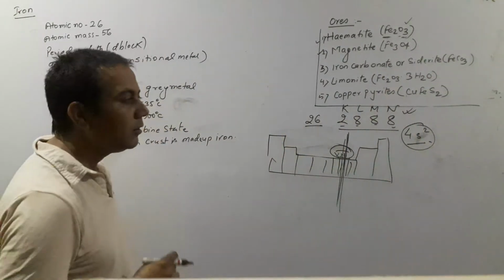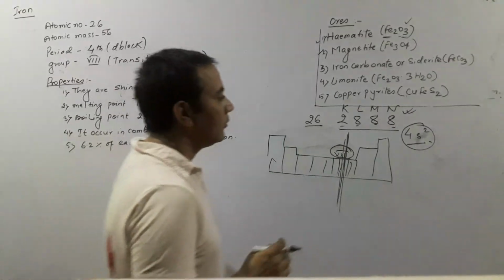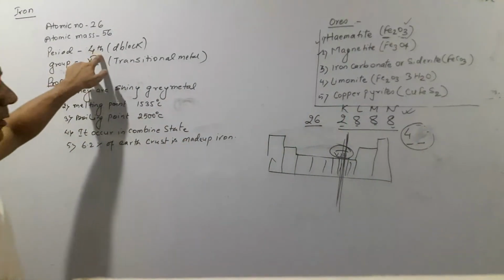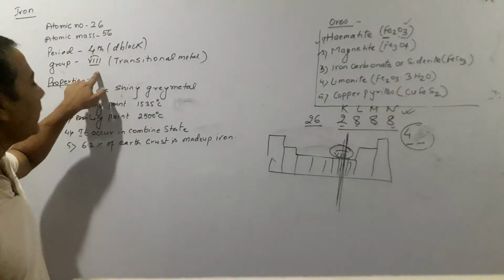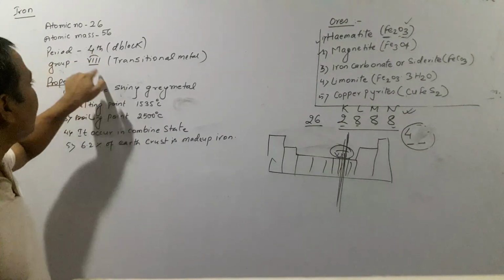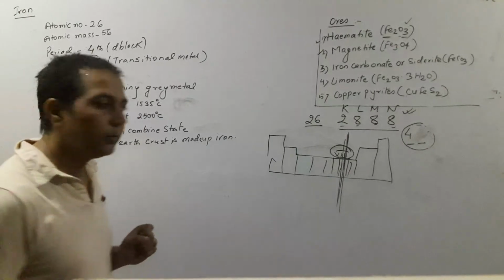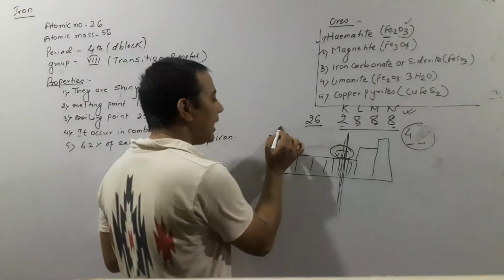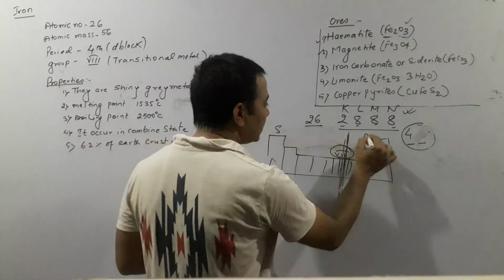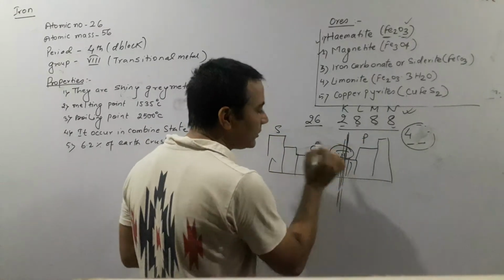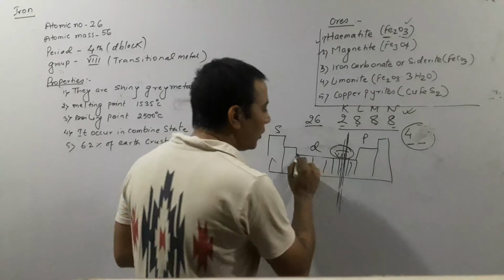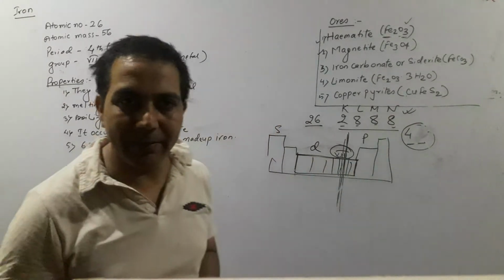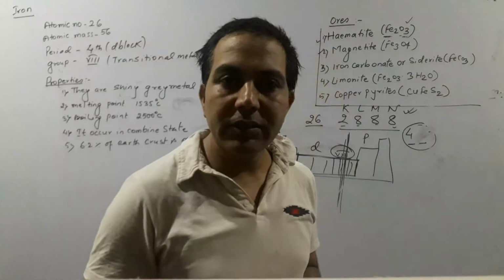It lies on the 4th period and 8th group. So which block? This one is S block, this one is P block, and this one is D block. So iron is a D block element.